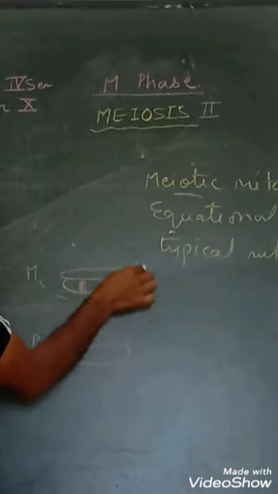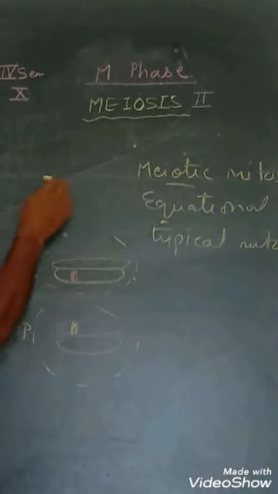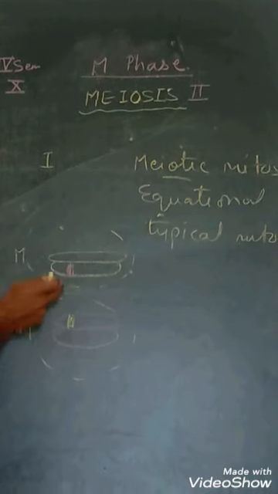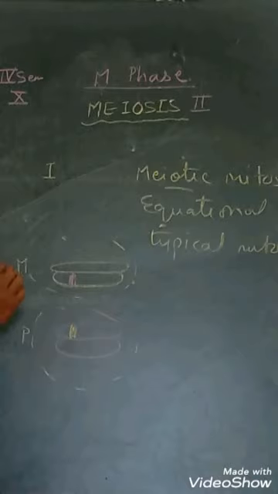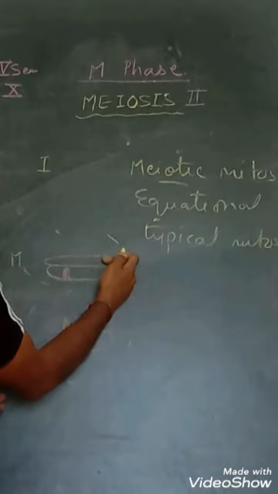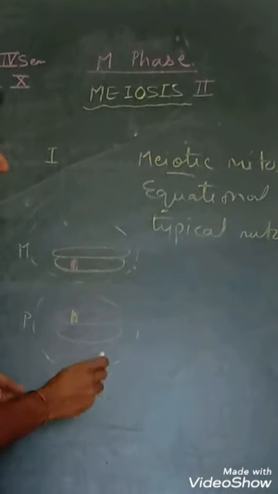These were present in different nuclei. So in meiosis 1, it was the separation of homologous chromosomes, whereas in meiosis 2, the separation of sister chromatids will take place.